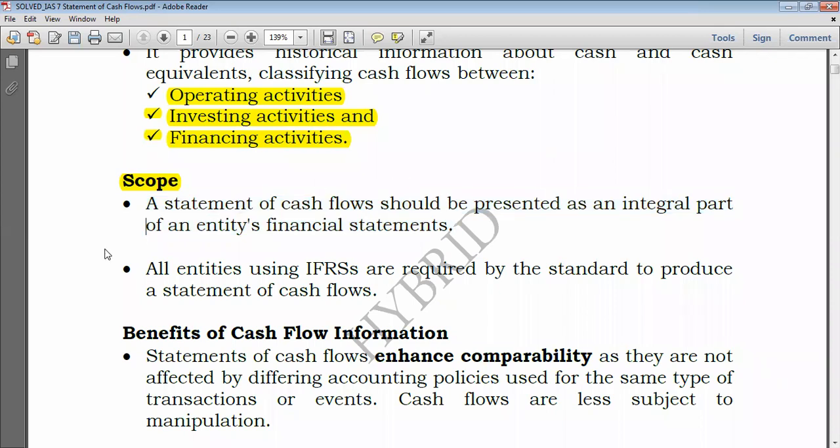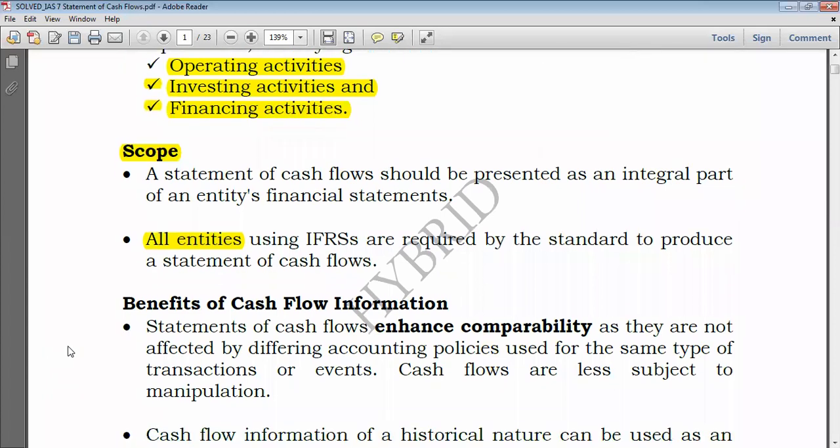So the statement of cash flows will also be presented along those statements. All entities using IFRS are required by the standard to produce a statement of cash flows. If the entity has adopted IFRS, it has to produce a statement of cash flows too.